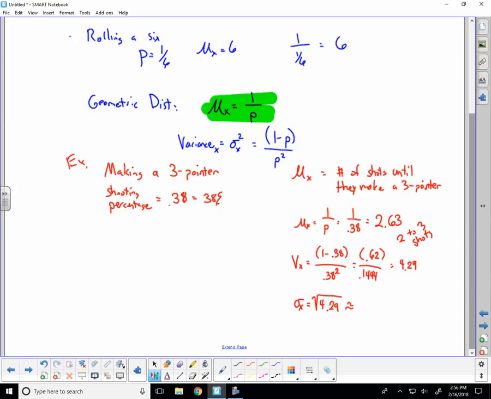Myra, did you get this? Yeah. So it's telling us that it could vary by a couple shots. Maybe they'll make it the first shot, maybe it'll take 4 or 5 shots, etc. That's 2.7 shots.